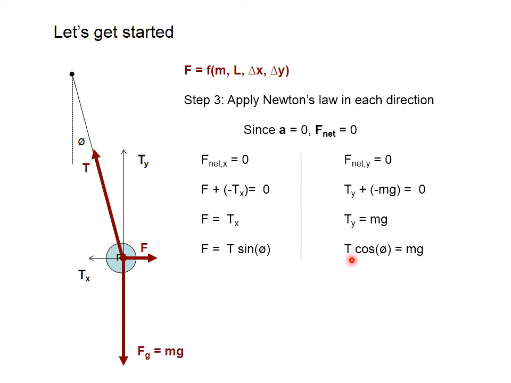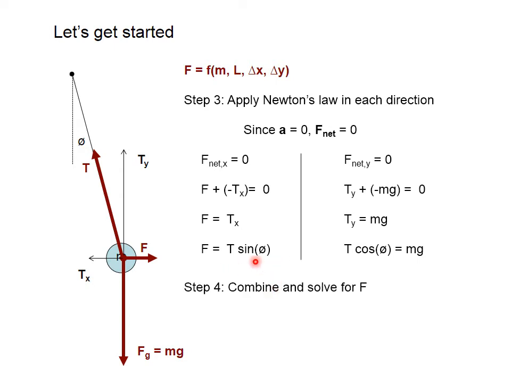So what I'm going to do is solve this for the tension. Bringing the cosine of phi underneath, I have T equals mg over the cosine of phi. Then I take that expression and put it in here. So we have mg sine phi over cosine phi.